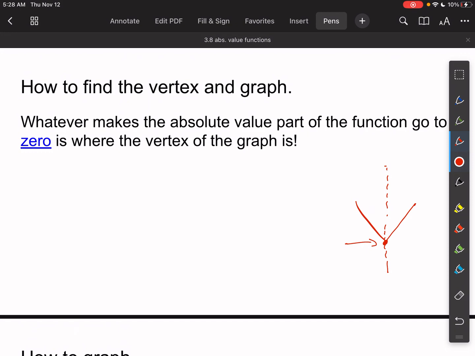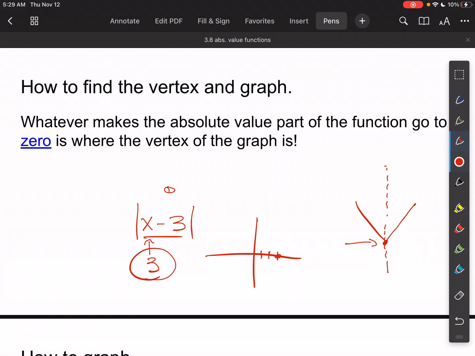So whatever makes the absolute value part of the function go to 0 is where this vertex is going to lie. For instance, if I have the absolute value of x minus 3, then if I plug a positive 3 in here, it makes this go to 0, so this thing is going to shift 3 spaces, and since it's positive, it'll be 3 spaces to the right.